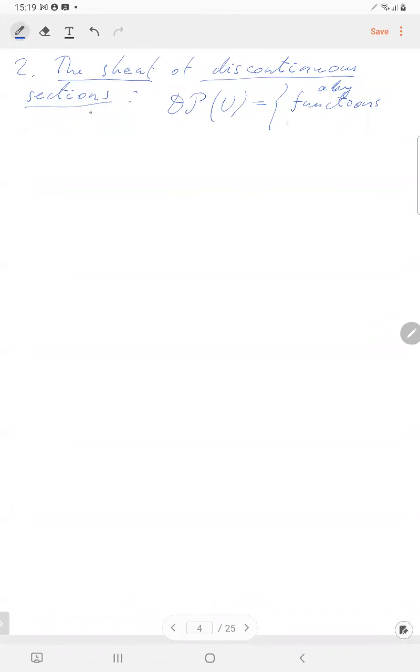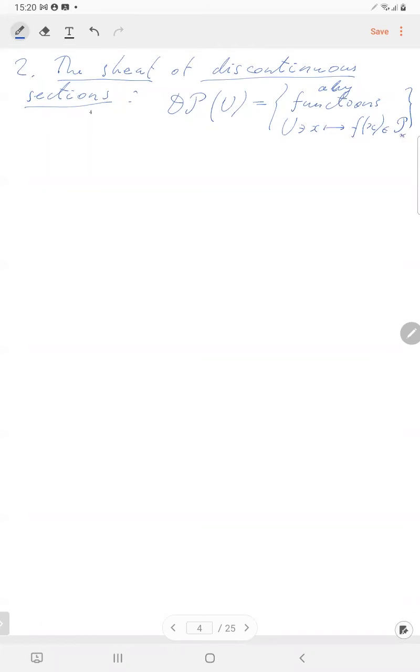So a point X goes to some f of X in the stalk P_x. Okay.